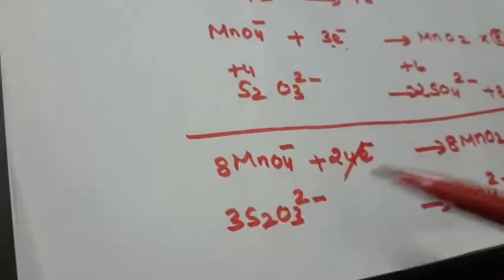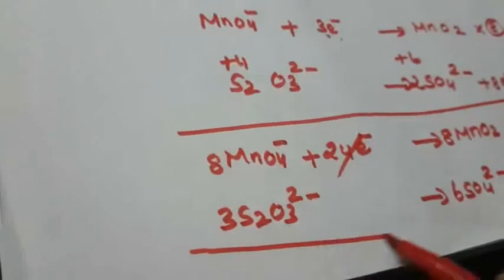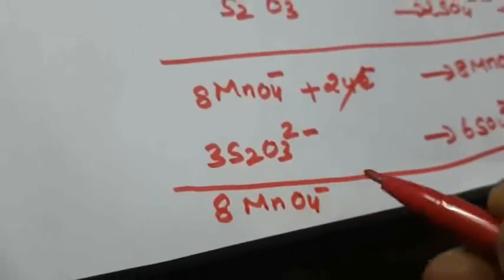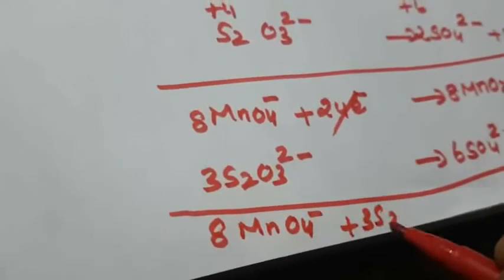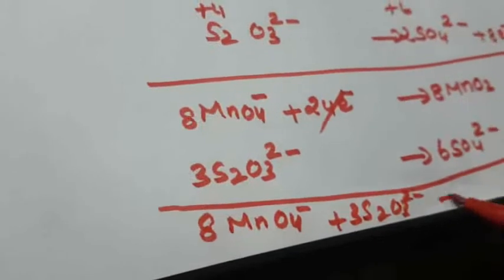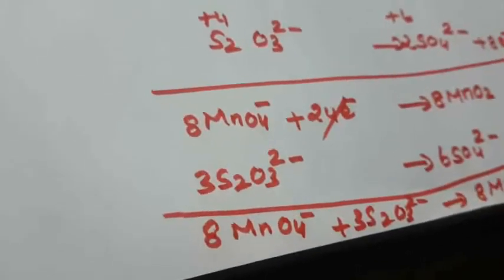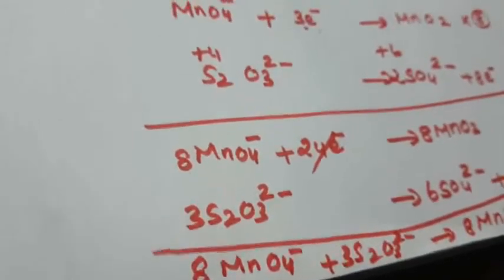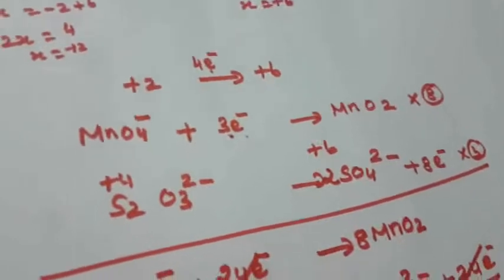So 24 cancel. The remaining equation we can write like this: 8 MnO4 minus plus 3S2O3 2 minus gives 8 MnO2 plus 6SO4 2 minus. Okay, so this is the balanced equation.